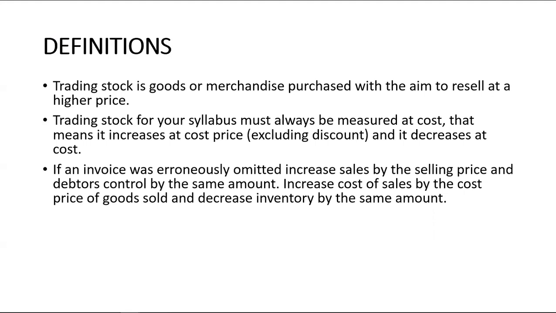Some of your stock is missing, or some of your stock was damaged, destroyed or stolen, as I've said. One of the reasons what we have in the warehouse and what we have in our books will be different is because someone might have erroneously omitted an invoice. Normally that is a bookkeeper, a sales clerk in essence.